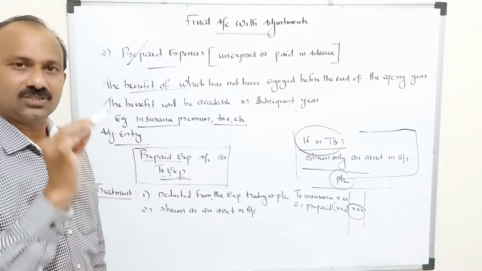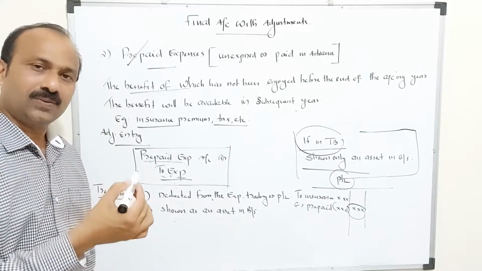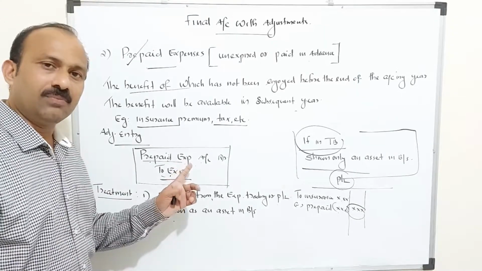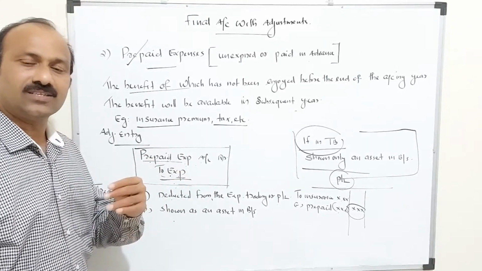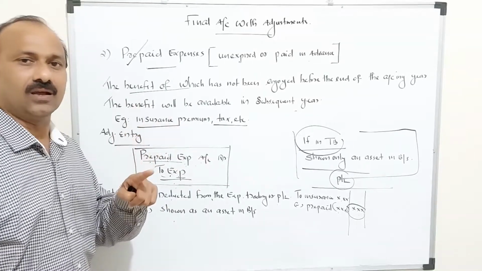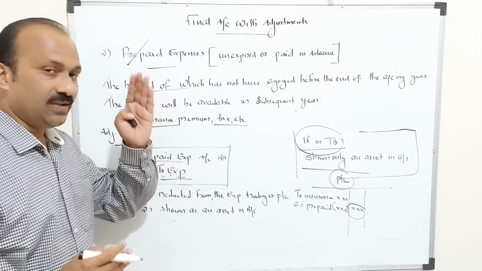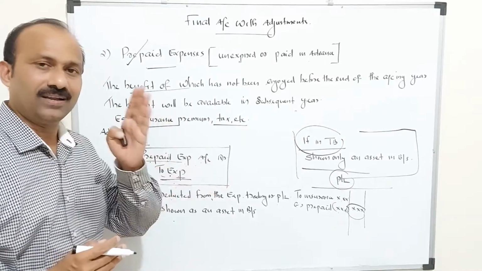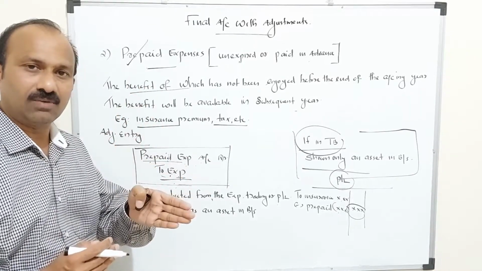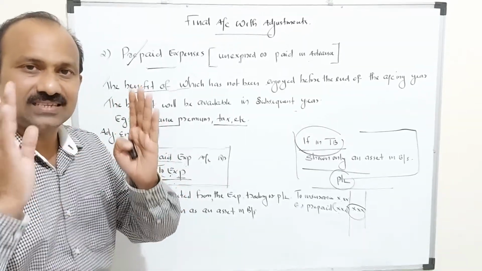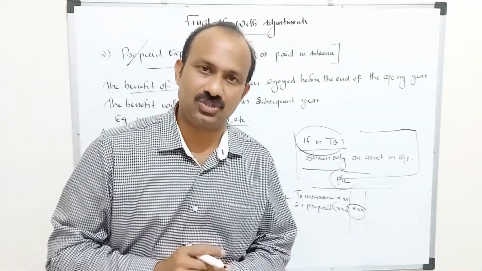Prepaid is an asset, that is why it is debited. Expense is reducing, that is why it is credited. The treatment will be it is deducted from concerned expenses in the trading or P&L account and shown as an asset in the balance sheet. If prepaid expense is given in the trial balance, it can be shown only on the asset side of the balance sheet.